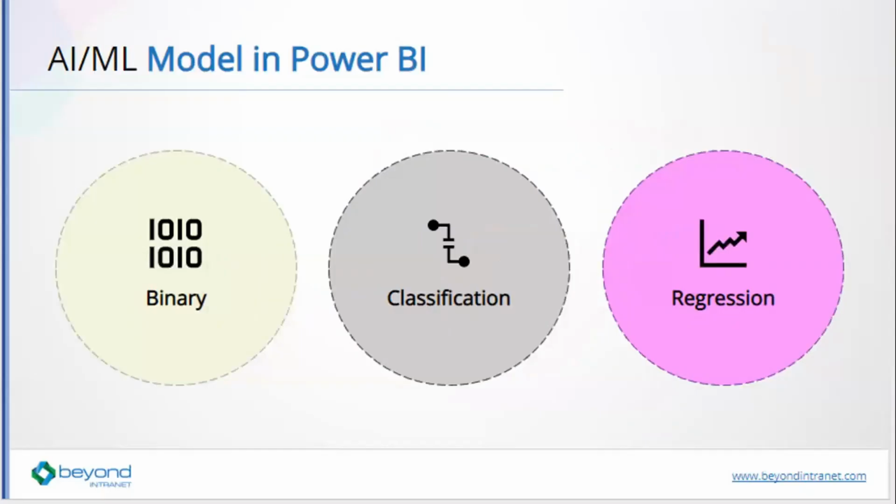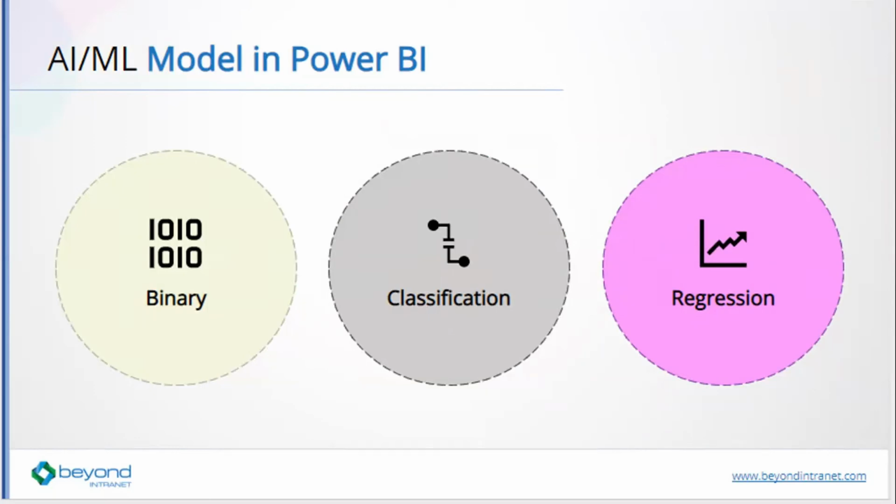Power BI provides three models to predict the data: the binary model, the classification model, and the regression model. If you have binary data to predict, which means there are only two values, then Power BI recommends the binary model.